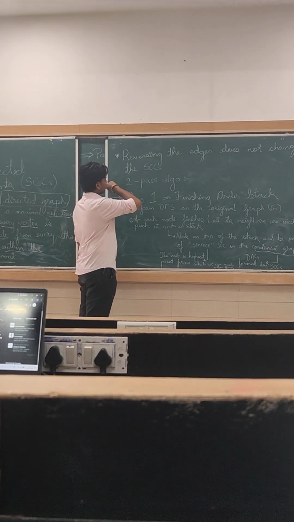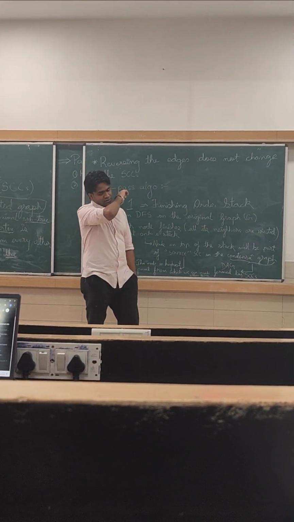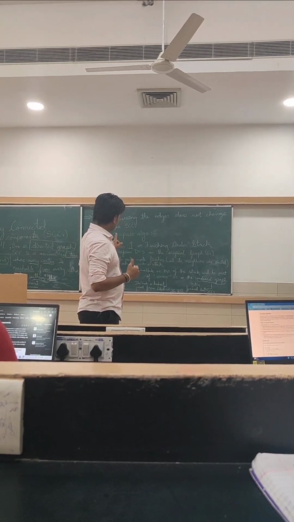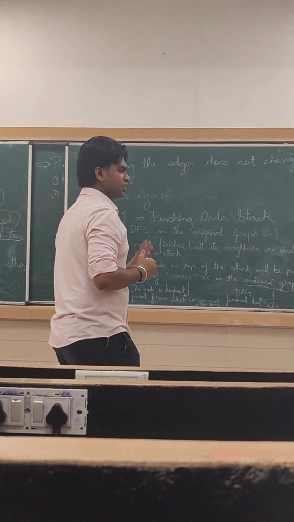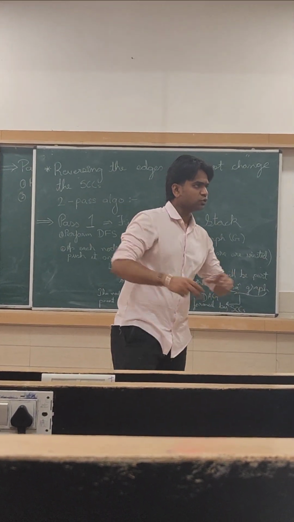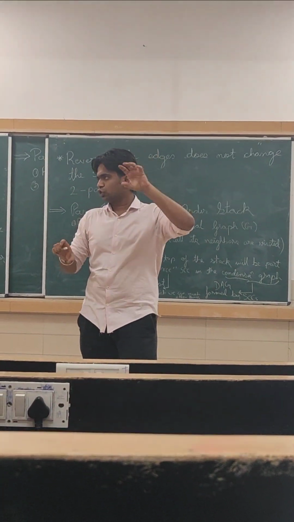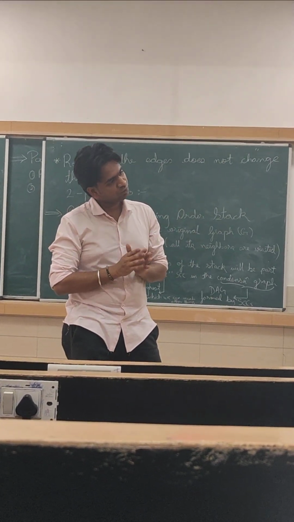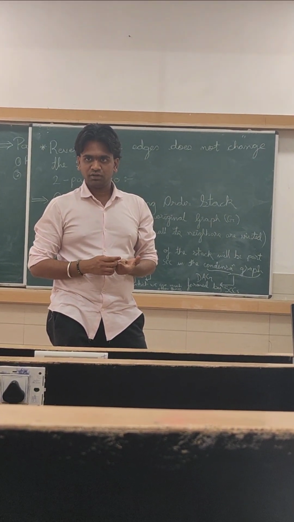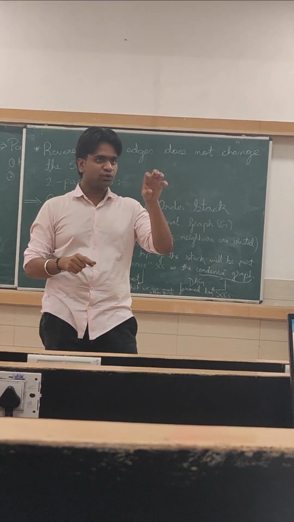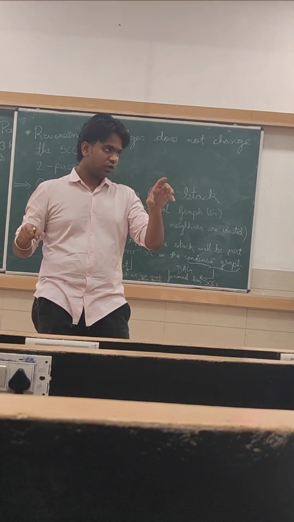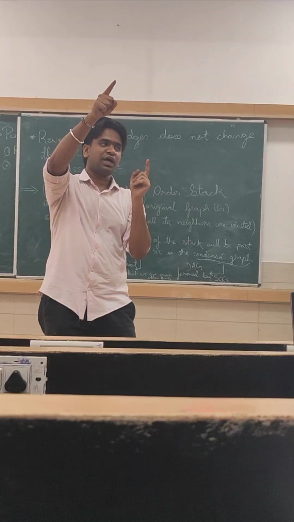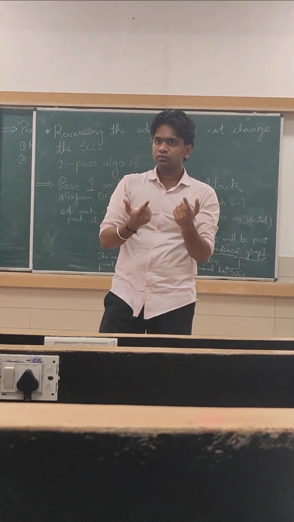Okay, and read the top line. Are you able to understand it? Reversing the edges does not change the strongly connected components. Suppose you have a very big graph and there are 3 or 4 strongly connected components. If you reverse the direction of the edges, the strongly connected components will still be the same, because if this was a component where you could reach from one vertex to every other vertex, and there was an edge from here to here, its direction gets reversed, but if there was also an edge back, its direction will also be reversed, right?